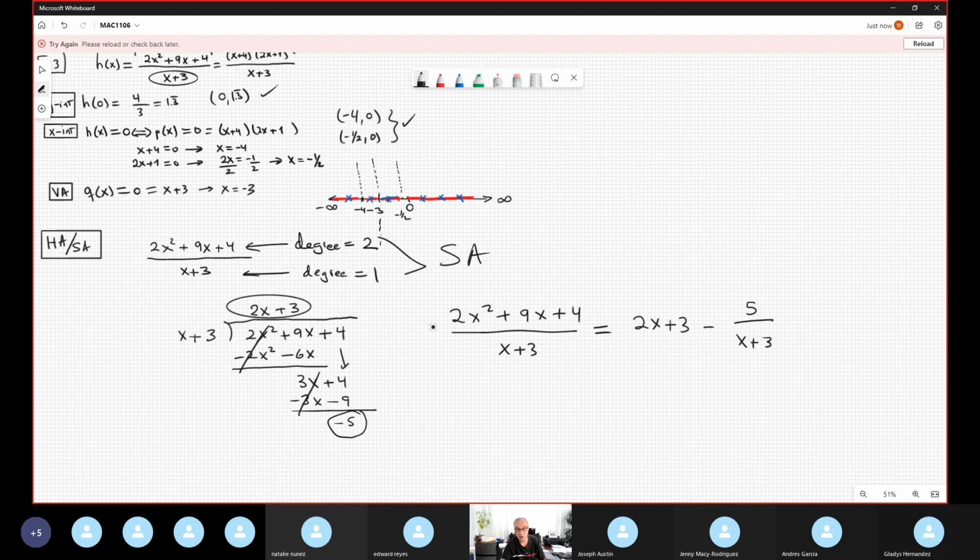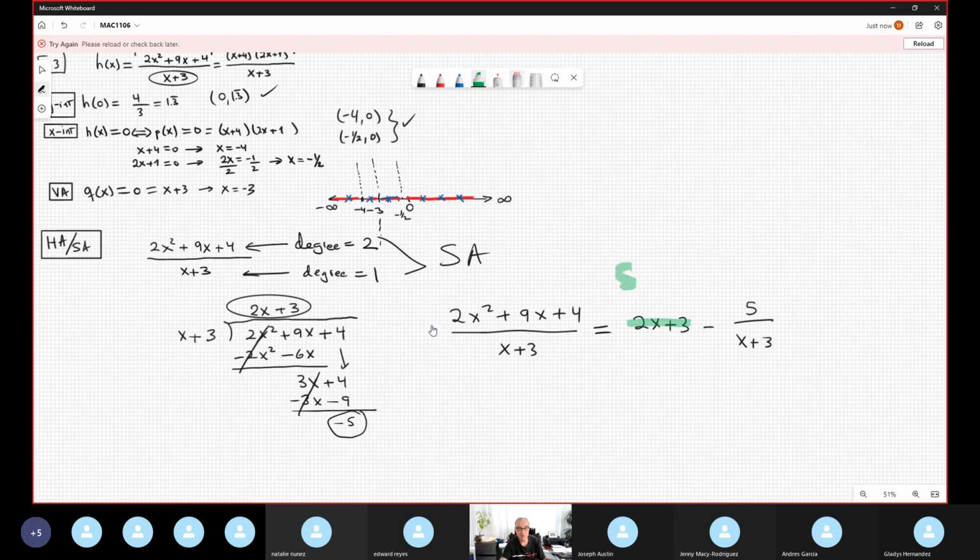I guarantee you 100% that this expression and that expression, when you write them using a common denominator, are the same. But you see clearly now, like water, that this part is the slant asymptote.